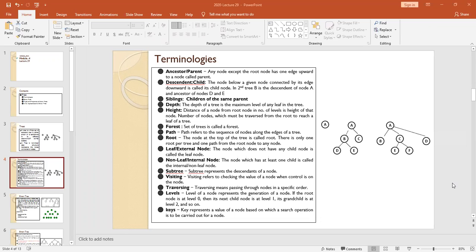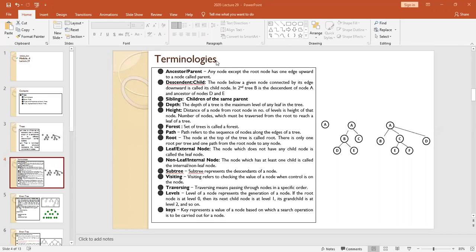Array, then stack, queues, arrays. Good. Okay, so now we are discussing non-linear data structures. So under this, now we come to the terminologies.